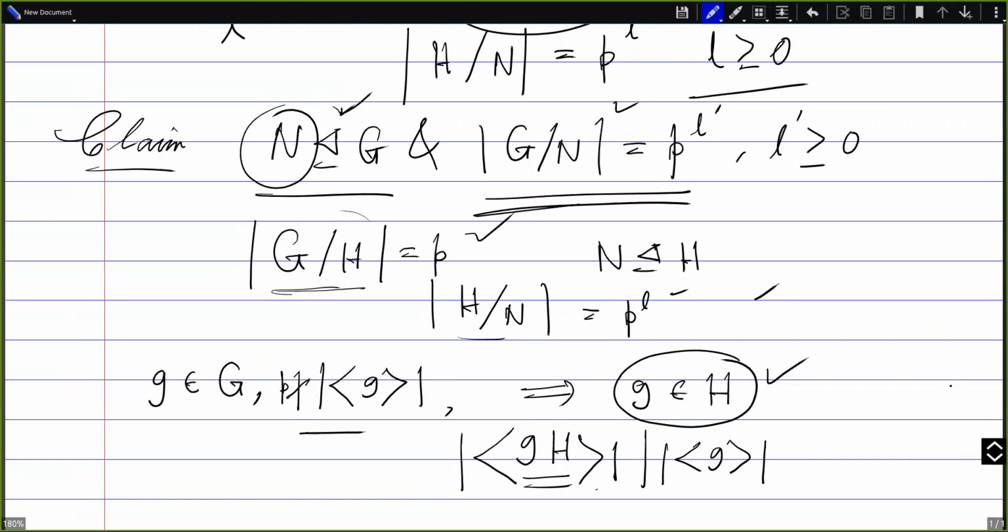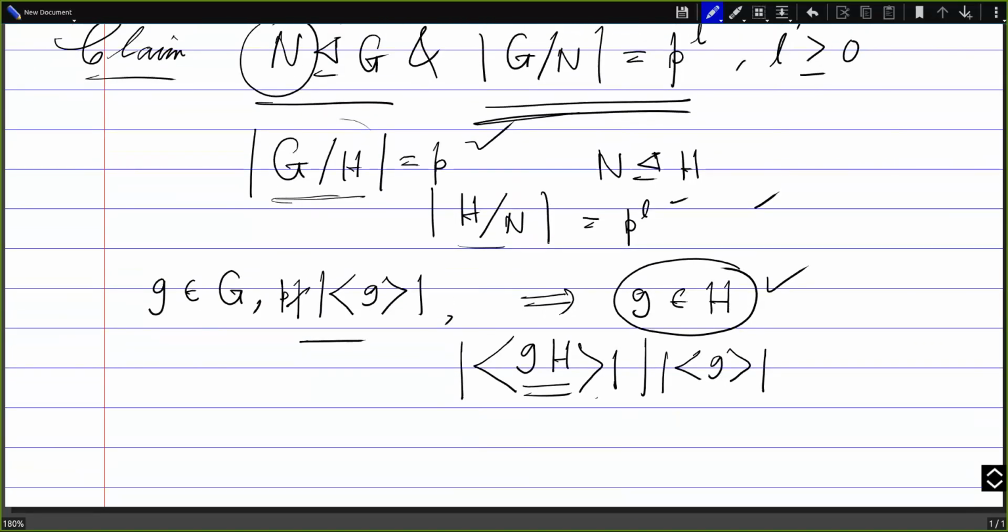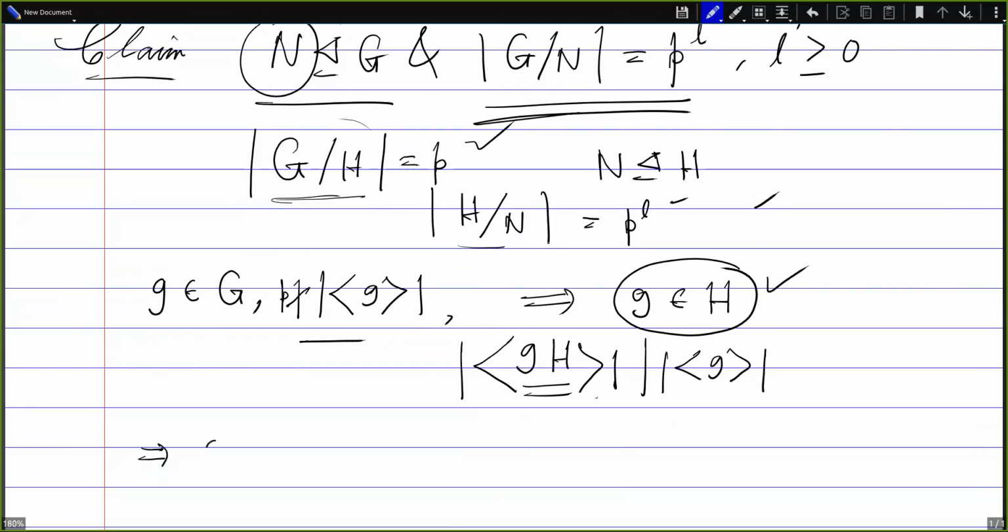Then in the next step, a similar argument will show that G belongs to N as well. Why so? Because again, we look for the coset Gn. If G does not belong to N, then the order of this coset in H modulo N, now G belongs to H, will be some positive power of P, but that divides again the order of G, right?